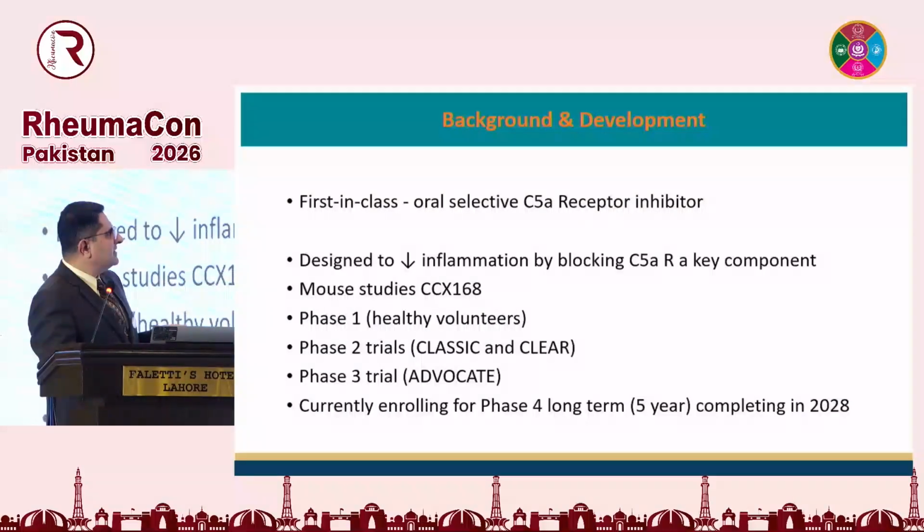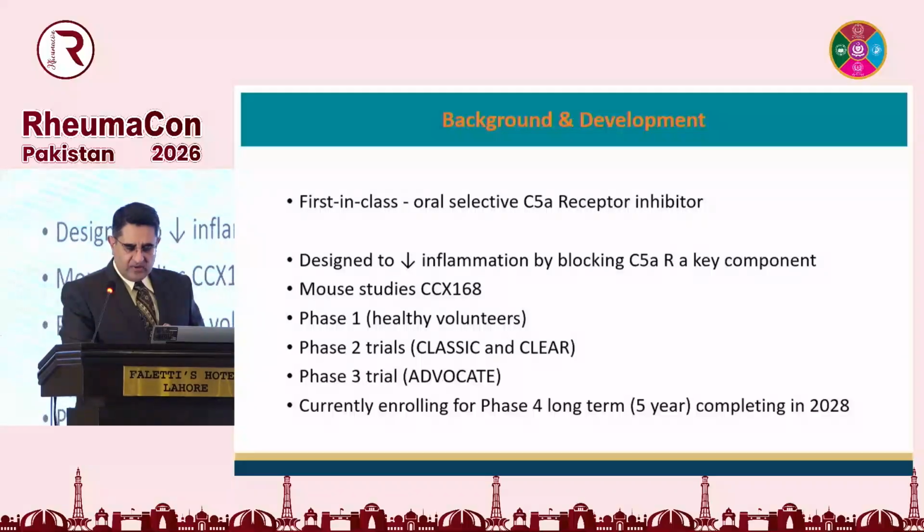It's the first in class oral selective C5a receptor inhibitor. In mouse studies, it has shown promising effects in MPO, myeloperoxidase antibody related ANCA-associated vasculitis. And I have just told you that they are currently enrolling a phase 4 long-term 5-year trial in the community, and it is going to complete in 2028.